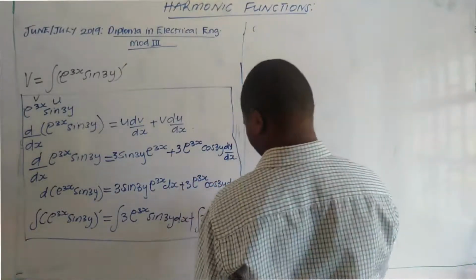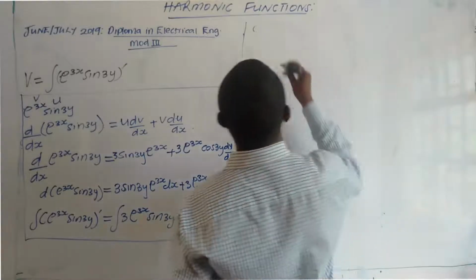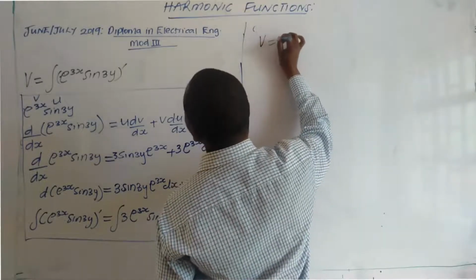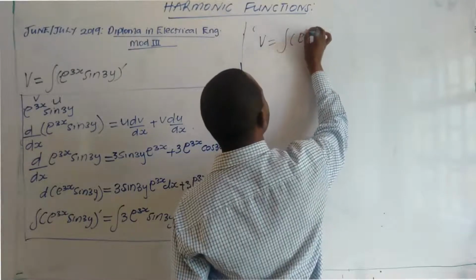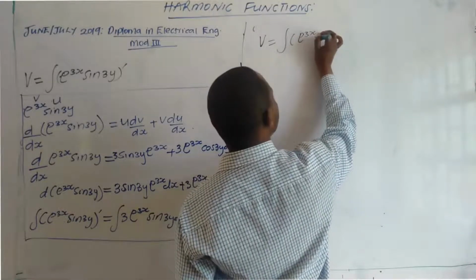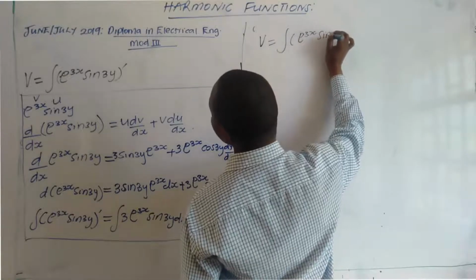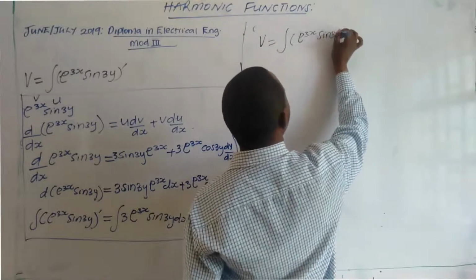So we have said v is equal to the integral of the derivative, exponential 3x sin 3y.